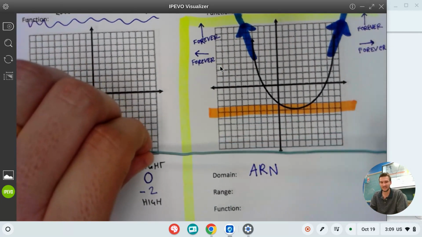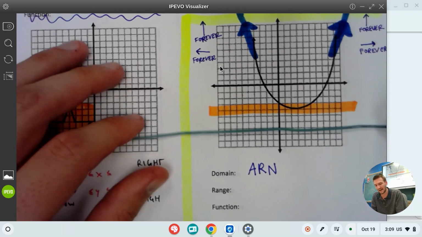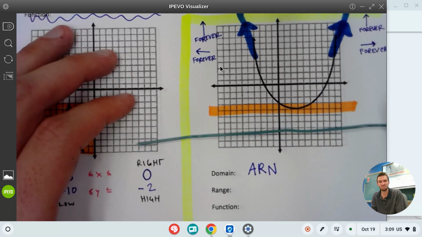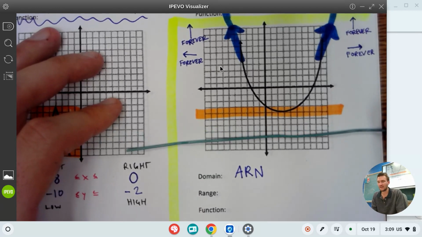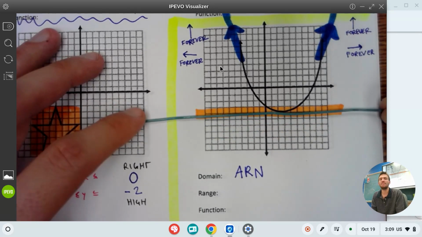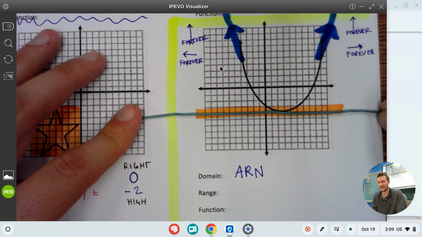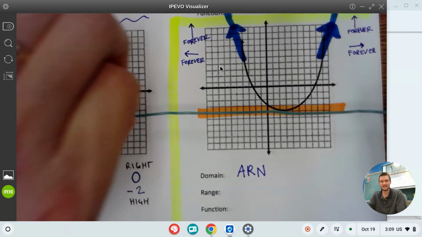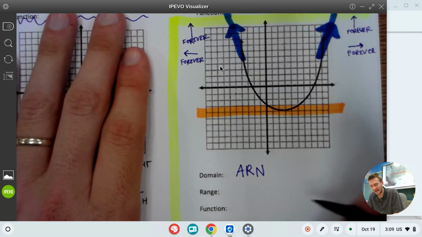The range. Would you agree that if I look right here at -7, there's no graph? There's no graph. -6, there's no graph. -5, there's no graph. But once I get here to -4, there's a graph. Okay, sounds good. So let's put that in.